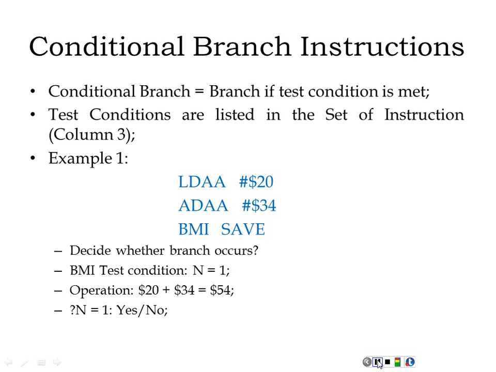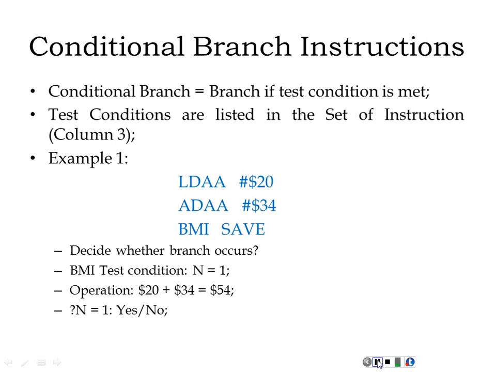Before we decide about the flag, we have to first check what operations occurred, right? So the operation is 20 plus 34, which becomes 54. Now decide whether n is yes or no. Remember the n flag, it's a negative flag. Is it set or not set? It's not set because 54 is not a negative number, right?